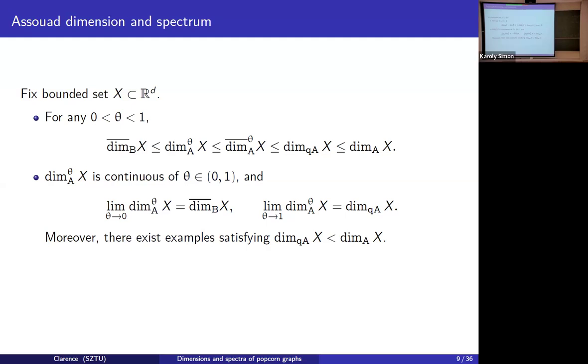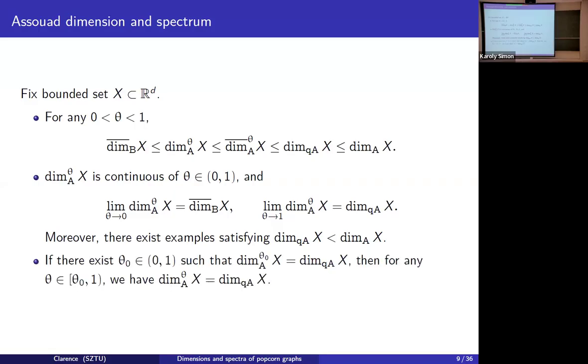And here I would like to give a quick comment that for some fractal sets, the quasi-R-squared dimension will be strictly smaller than the R-squared dimension. Here is one of these. Another one is the limit behavior. The limit of the R-squared spectrum, as theta tends to 0, approaches the upper box dimension, and as theta tends to 1, it approaches the quasi-R-squared dimension.